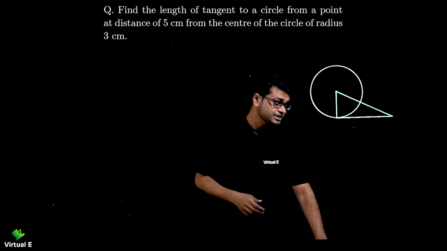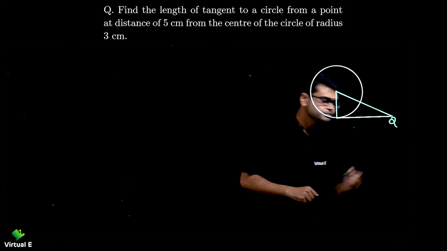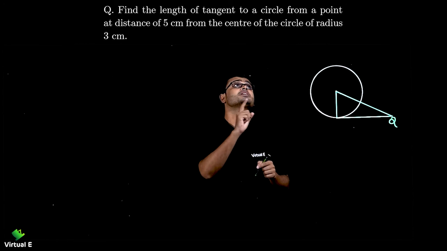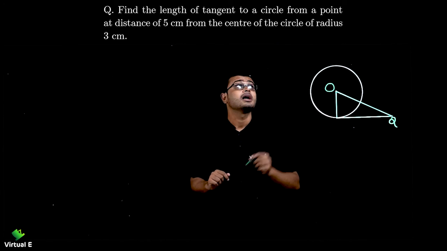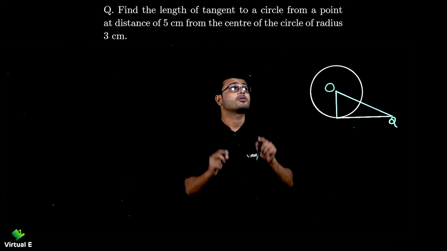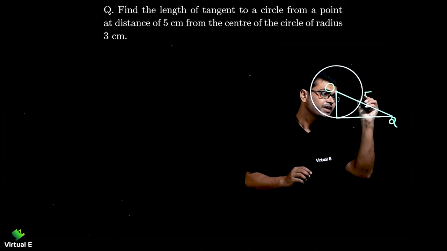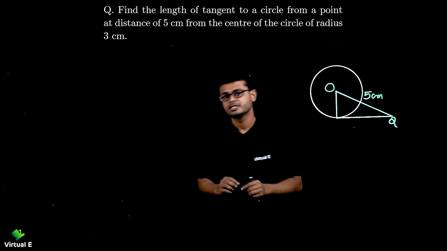I'm going to take this external point over here, which is Q. And what should be the distance from the center? Let me take O as the center. O is the center, and Q is 5 cm from the center of the circle. So this distance should be 5 cm, right? 5 cm away from the center.